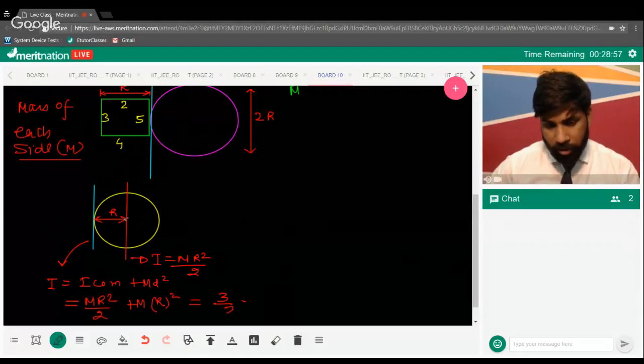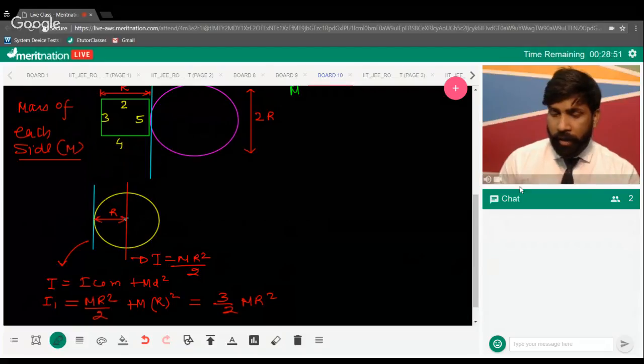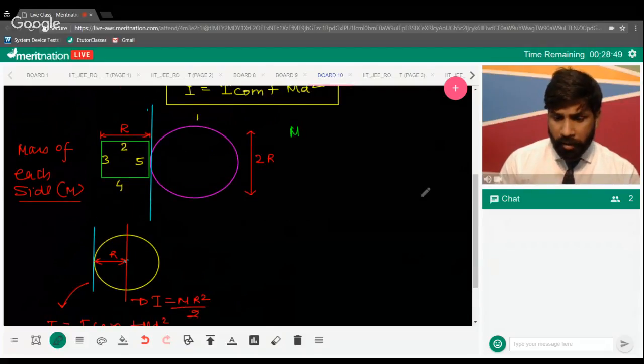So this is equal to 3 by 2 mr square. So here I1 is equal to 3 by 2 mr square. It means the moment of inertia of this metallic ring about this blue color axis is 3 by 2 mr square.